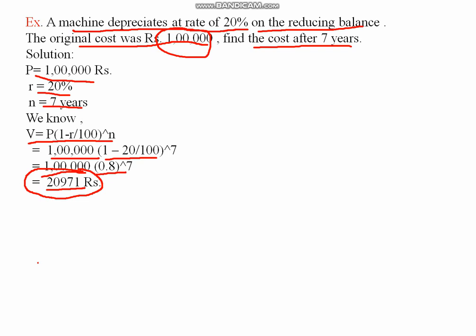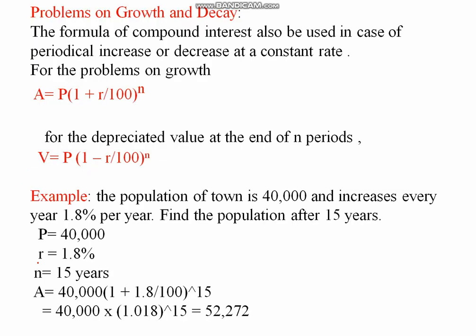If we are given a problem on growth, then use the formula A is equal to P in bracket 1 plus R upon 100 raised to N. We do not find the compound interest, but we find the amount, that is, how much the population increases after n years.